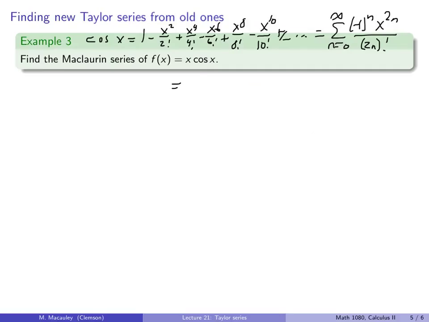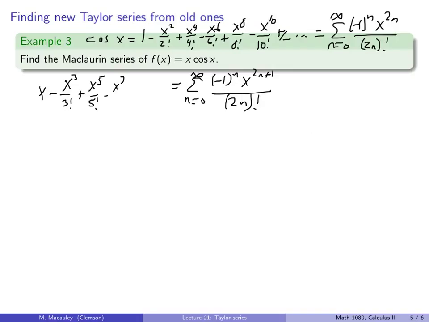So this is the sum from n equals 0 to infinity of negative 1 to the n times x to the 2n plus 1 over 2n factorial. There we go. And if you want to, I can say this is x minus x cubed over 3 factorial plus x to the 5th over 5 factorial minus x to the 7th over 7 factorial, then plus, minus, and I'm just going to leave it like this.